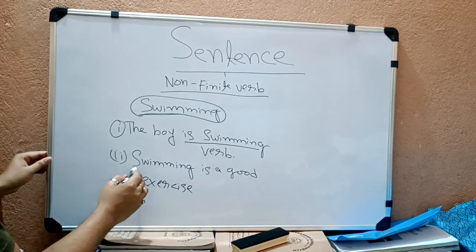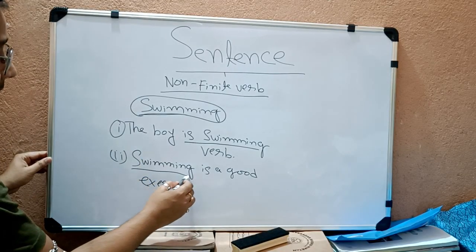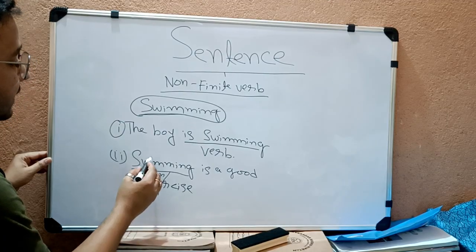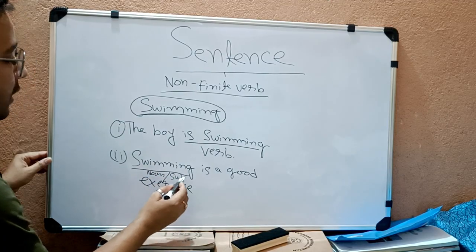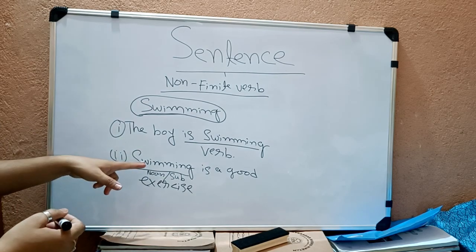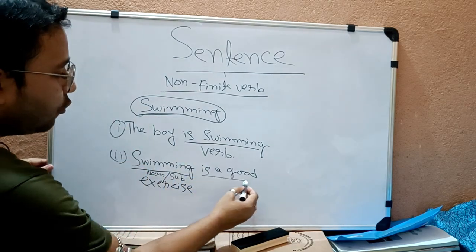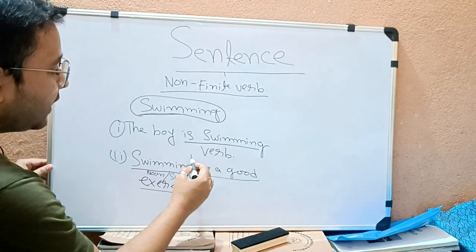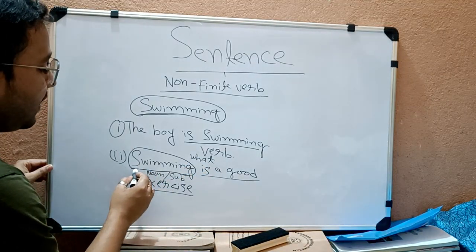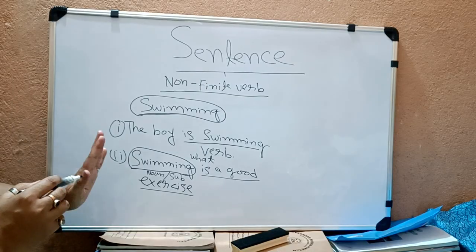In the second sentence, swimming is used as a noun because it is the subject of the sentence. How can we say that it is the subject? If you ask the question, what is a good exercise, we find the answer, swimming. That's why swimming is the subject.